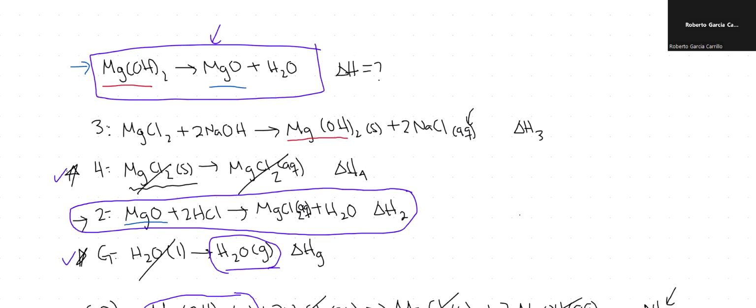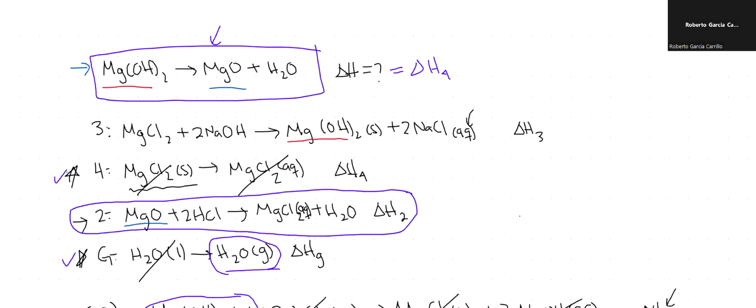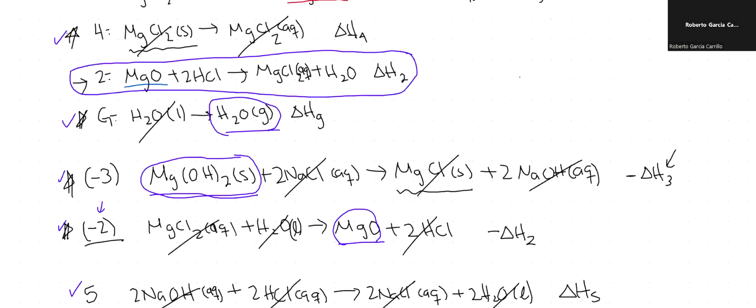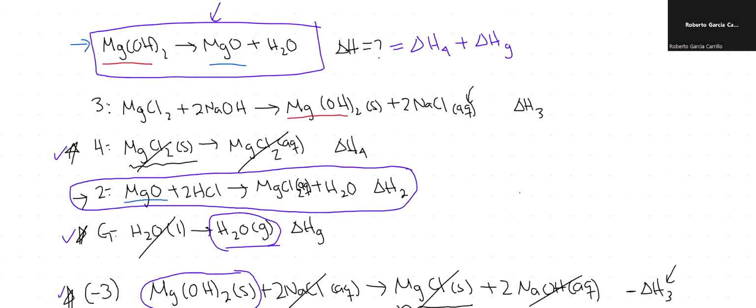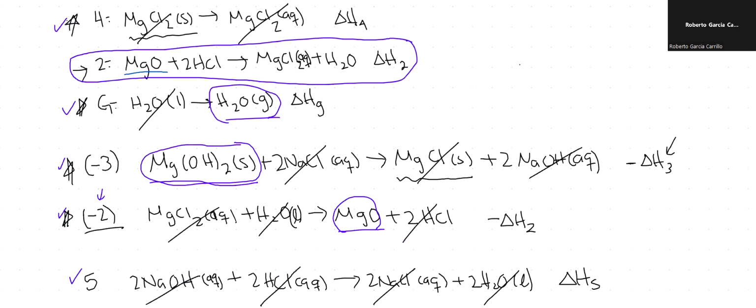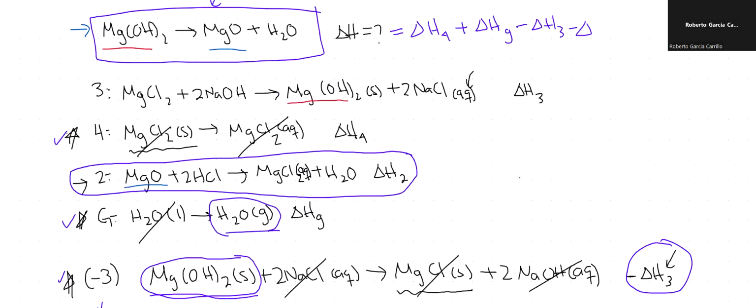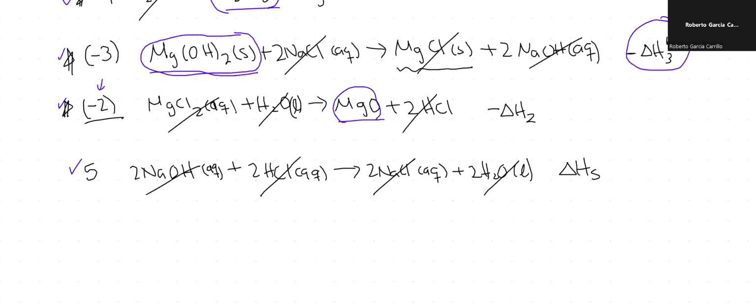This is equal to the enthalpy of reaction number 4 plus the enthalpy of the given reaction for evaporation, minus the enthalpy of the third reaction, this one right here, minus the enthalpy of the second reaction, plus the enthalpy of the fifth reaction.